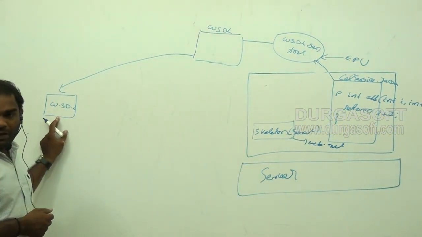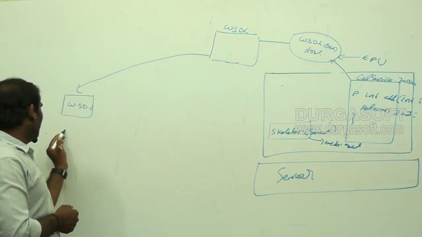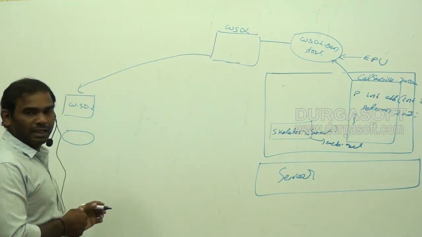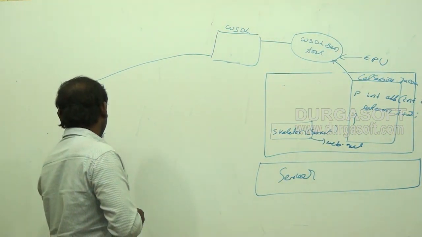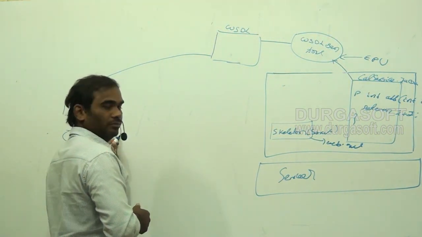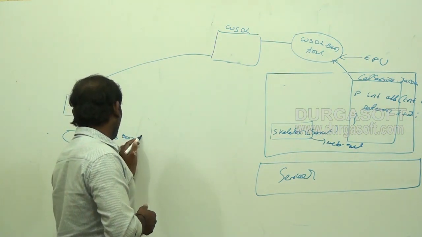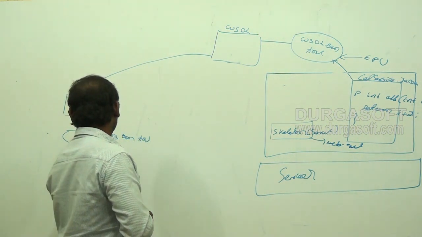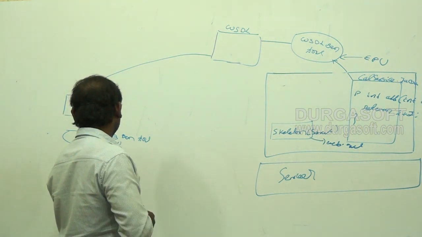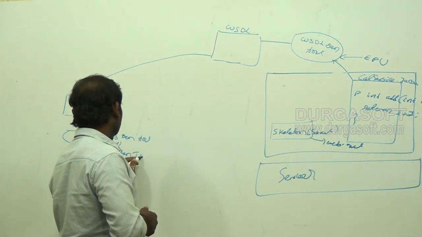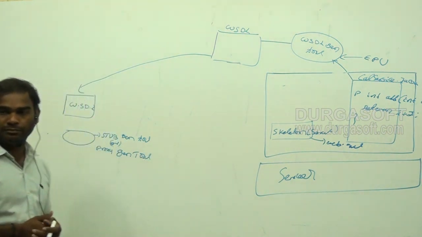After receiving the WSDL file, what will the client do? The client will use some tool. That tool is called the stub generation tool, or stub gen tool, or proxy gen tool.